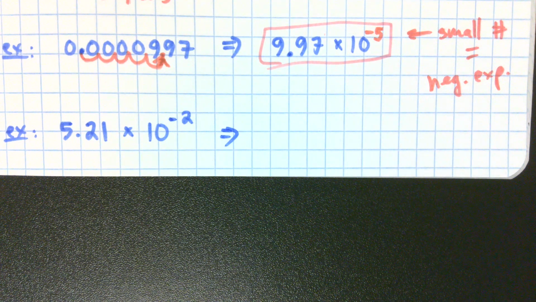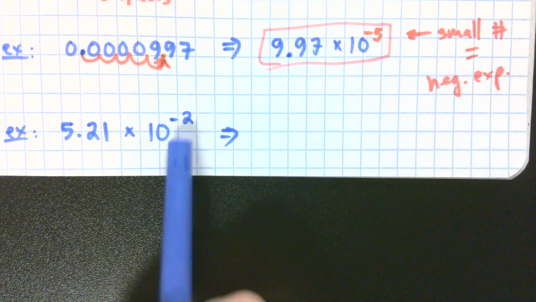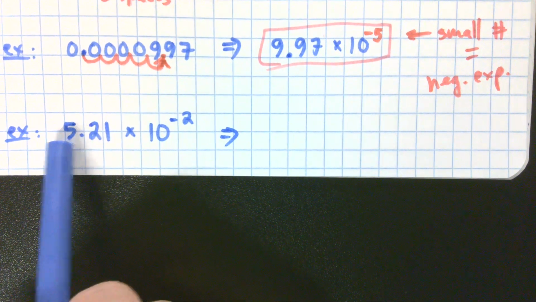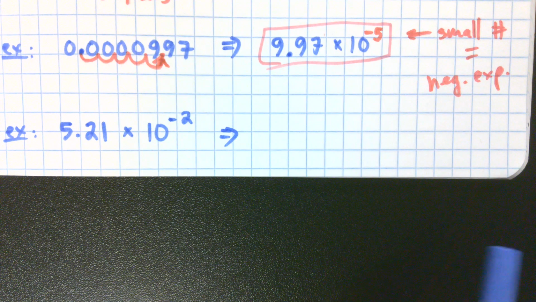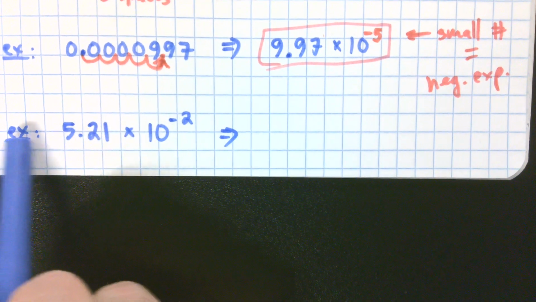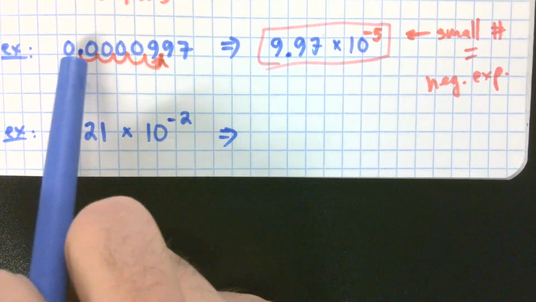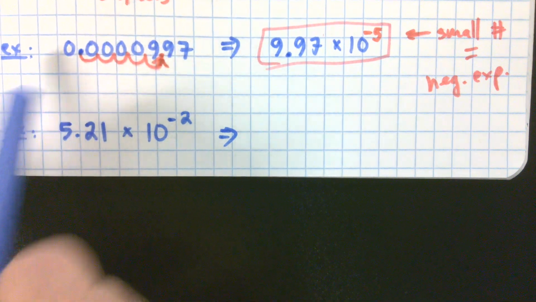Am I going to have a large number here or a small number? Small number, how can we tell? Because the exponent's negative, good, so that's a small number. Are we going to move this decimal to the left or to the right? Right. To get a small number, think about it. To the left, right? We want the zeros in front, just like we had in the previous example.